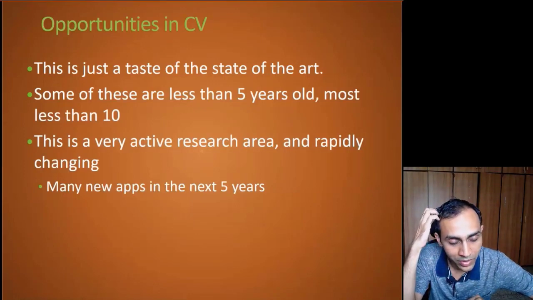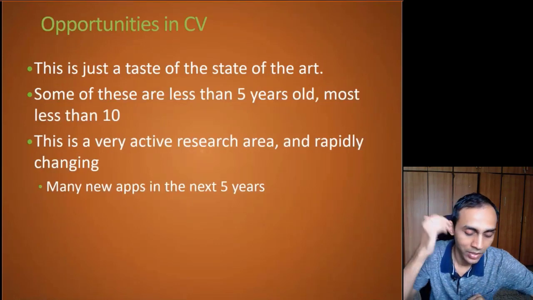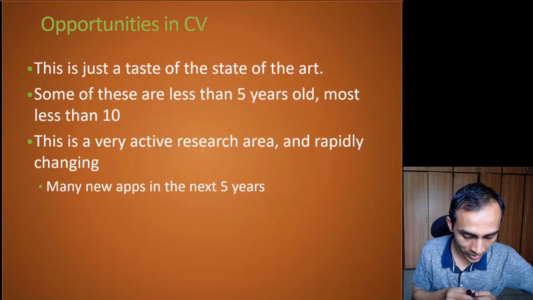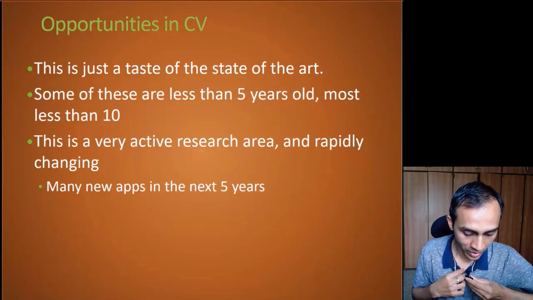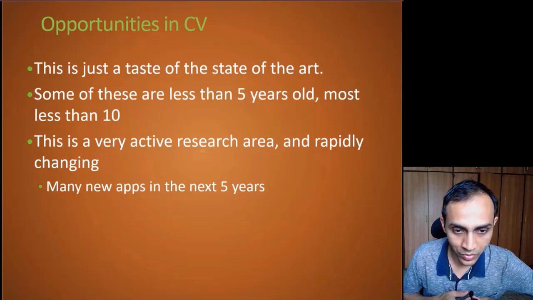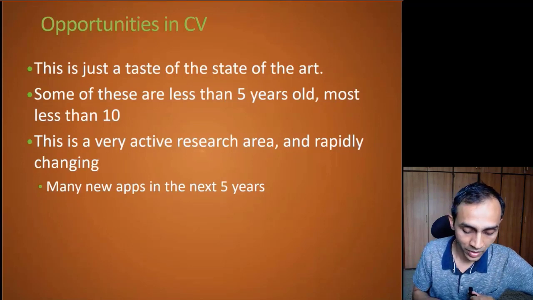In fact, I think Nvidia has recently purchased ARM, the ARM processor company. These are very big companies which work actively in computer vision, and they hire people in computer vision. And many startups you can see in India also have become well established. These are actually computer vision based startups and so on.